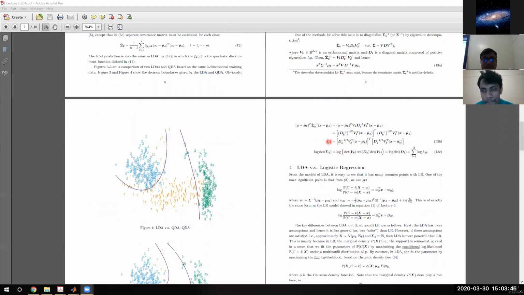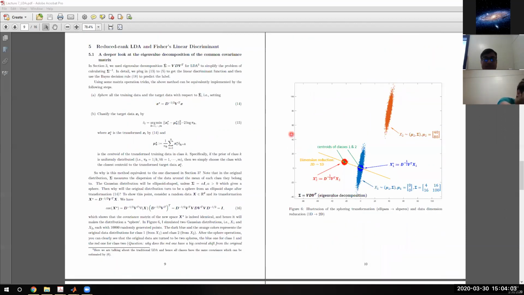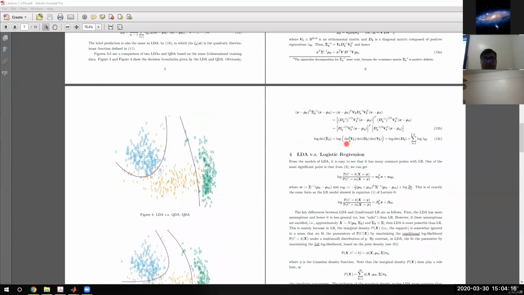The good point of this form is that our covariance matrix here is actually I, the identity matrix. So applying this idea, we can change the coordinate system of the problem. Here we transform x star to be D to the inverse square root times V transpose x. This is exactly as here.